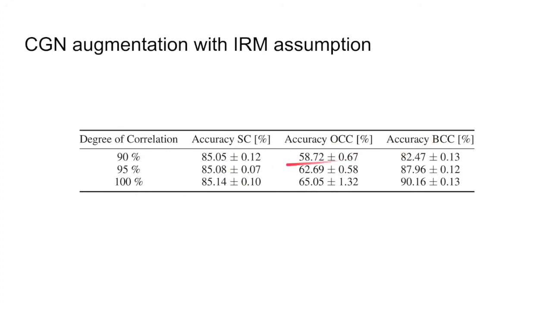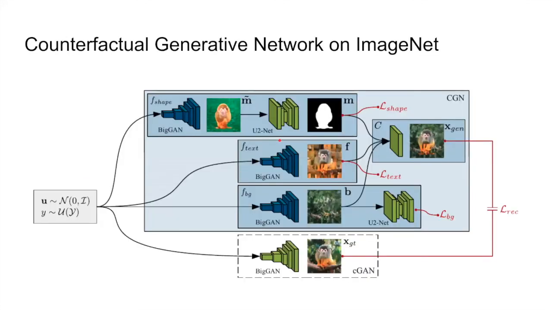Then we see that the shape classifier is the most stable one, whereas foreground and background vary across environments. This indicates, without us knowing which one is the causal signal, that shape must be the causal one because it's stable across environments.